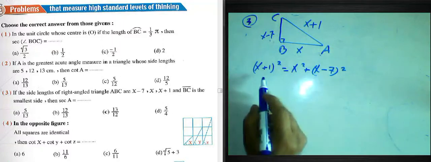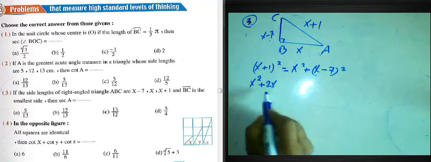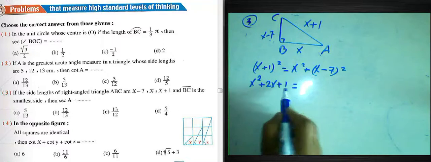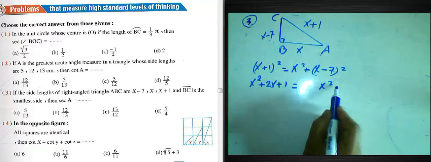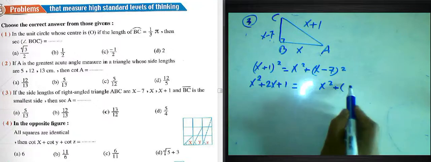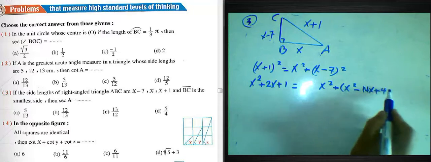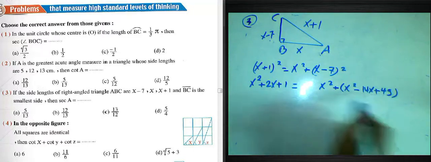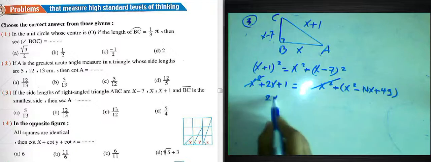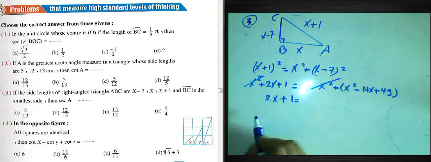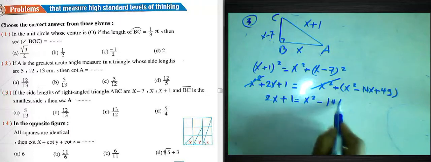We can expand: x power 2 plus 2x plus 1 equals x power 2 plus x power 2 minus 14x plus 49. We can cancel x power 2 with x power 2, so we can write 2x plus 1 equals x power 2 minus 14x plus 49.